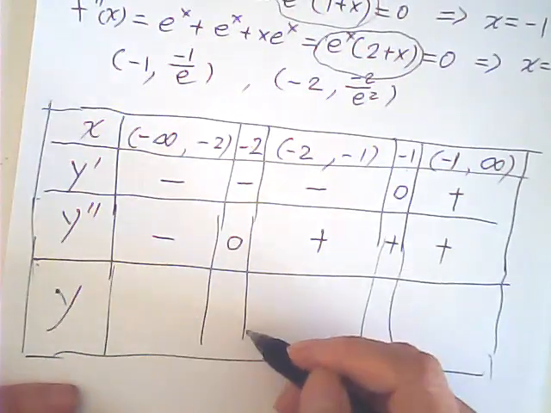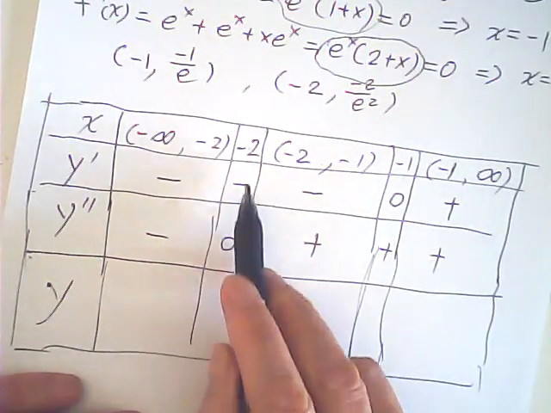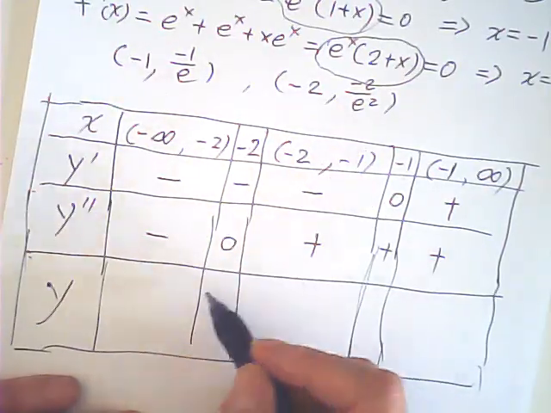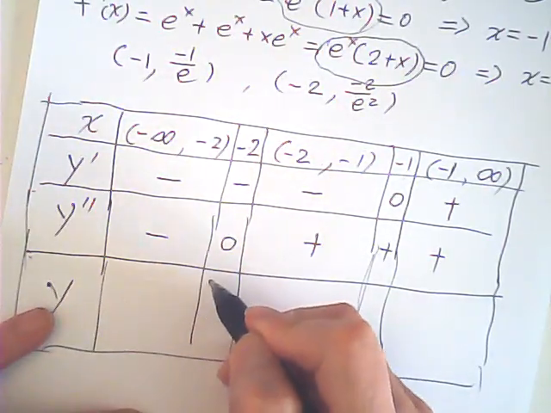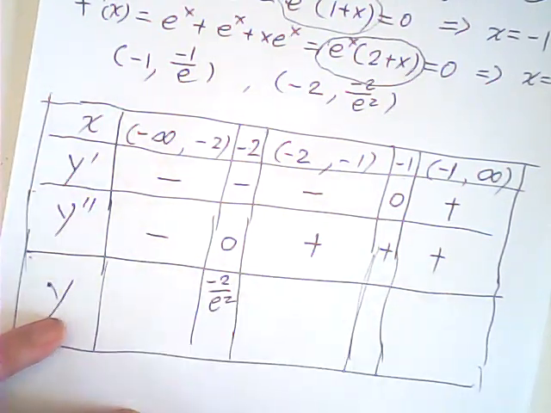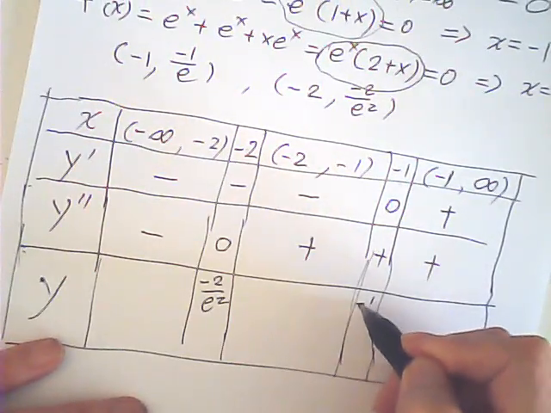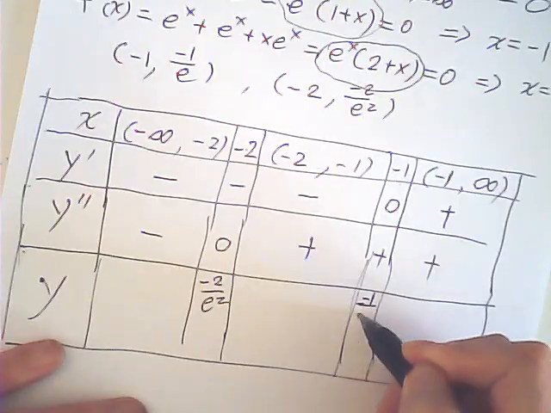Now we have the shape of the curves. At negative 2, y is negative 2 over e squared. At negative 1 it is negative 1 over e.